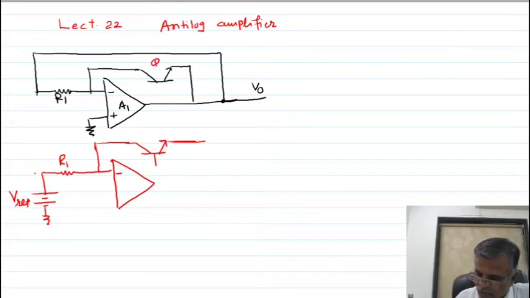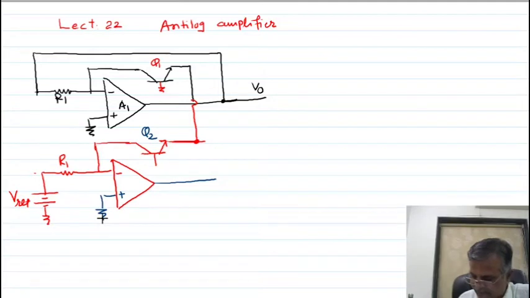Say this is Q1, this is your ground, and the emitter of Q1 is connected to the emitter of transistor Q2. This plus is grounded here.